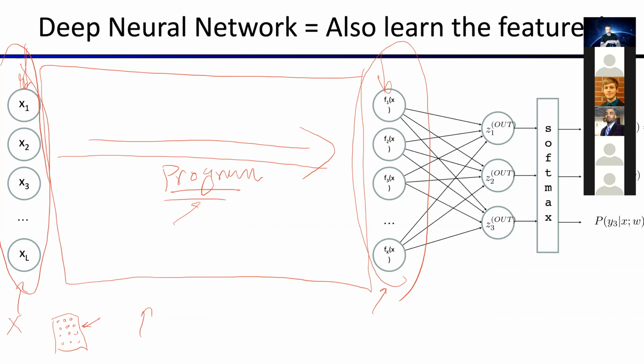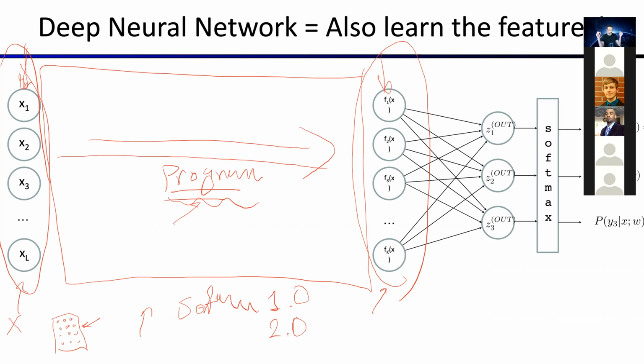With neural networks, we would like to learn this program using the data, and that's the key difference between traditional machine learning and neural networks. You might have heard about software 1.0 and 2.0, and this is essentially the difference between the two.